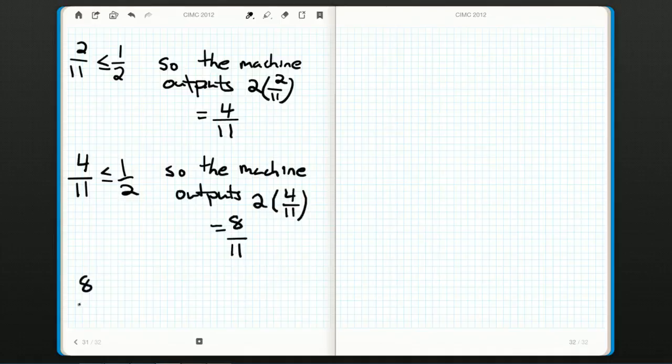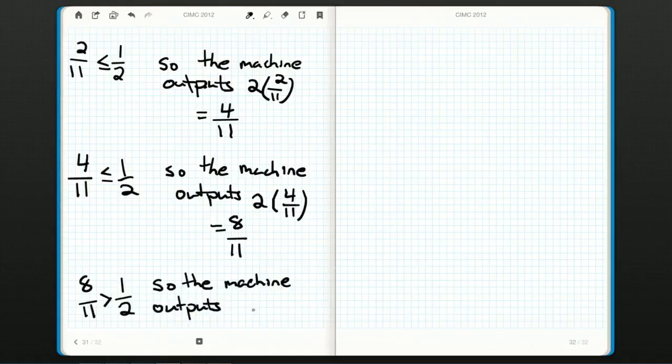Now 8 elevenths is greater than a half. So what does the machine do? Well, it doesn't double the number. It does 2 times 1 minus the input. So what's that?